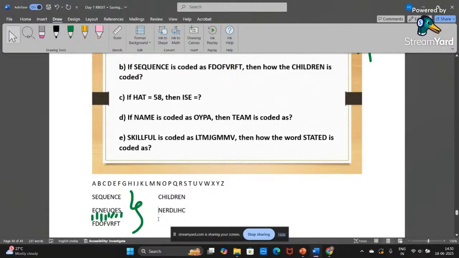Next, they have written the next letter of each alphabet. After N it is O. After E it is F. After R it is S. After D it is E. After L it is M. After I it is J. After H it is I. After C it is D. This is your answer.